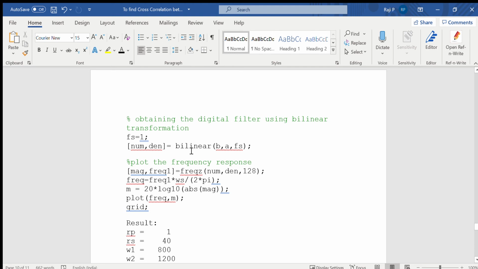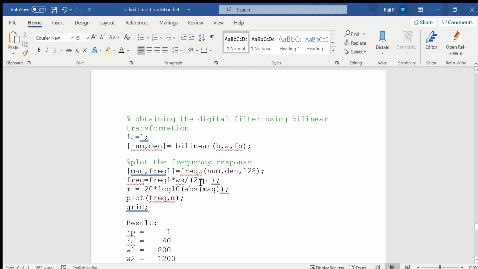Once you obtain the digital filter, in order to plot the frequency response, the command is freqz. The arguments are numerator, denominator, and how many samples. As we have converted into hertz again, multiply with the sampling frequency and divide by 2 pi. On the top we again multiply with 2 pi and divide by ws.